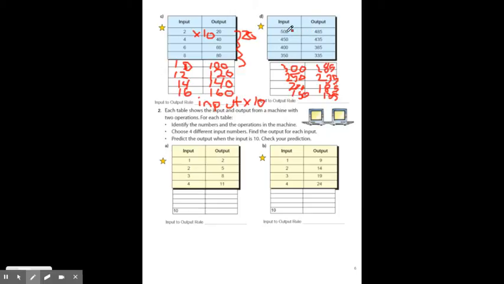So I would subtract 500 take away 485, which would give me 15. So it's got to be minus 15. And then I would try it out with some of the others. Well, 400 take away 15 is 385. 350 take away 15 is 335. So my input to output rule is input minus 15.